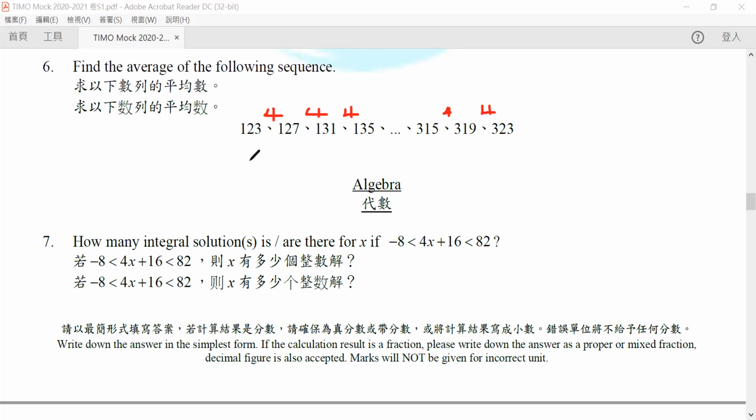For an arithmetic sequence, we know that the average is equal to the total divided by the number of terms.